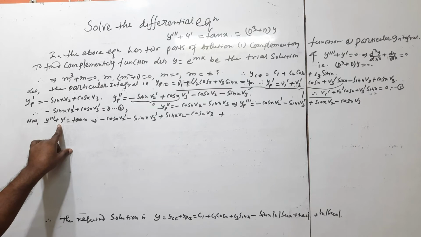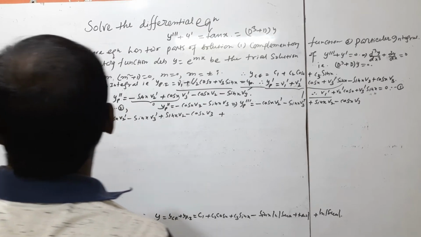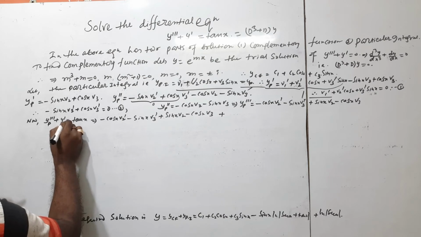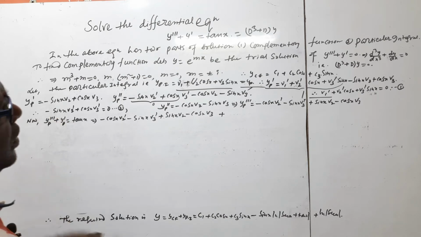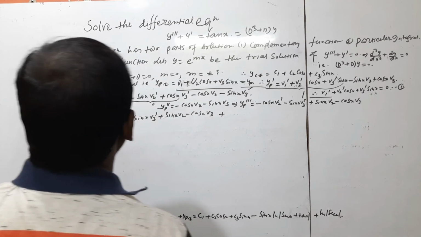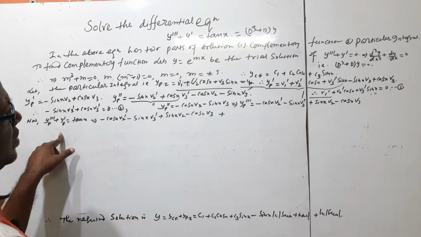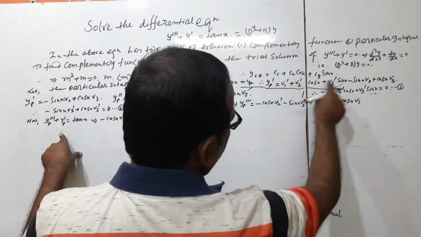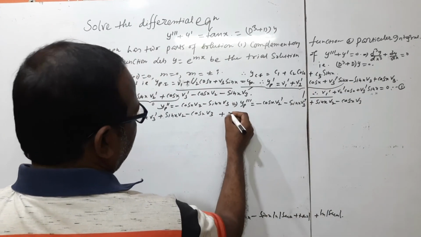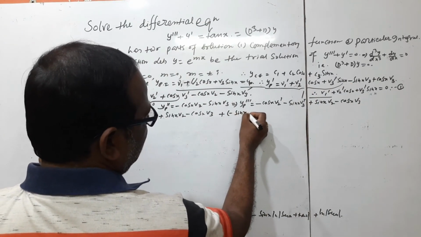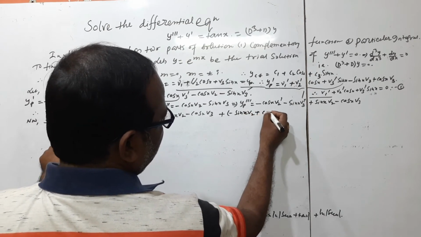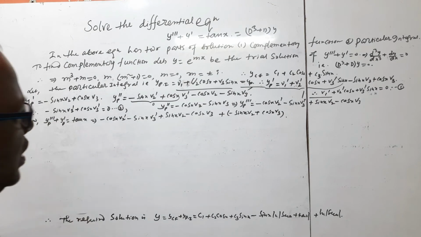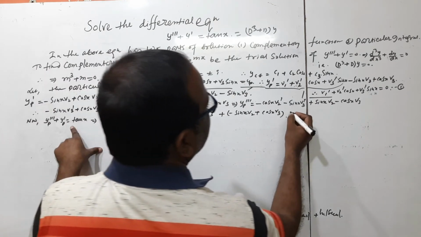Y dash p here is, and this is actually 0, so we have left only minus sin x v2 plus cos x v3, and it is given that equal to tan x.